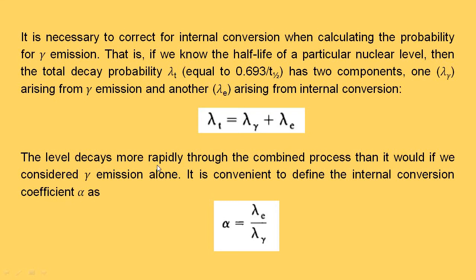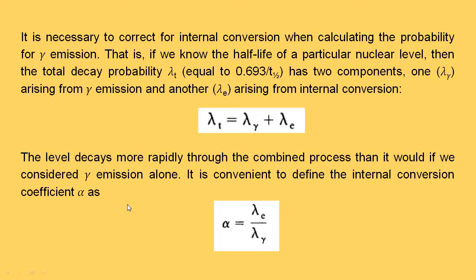The level decays more rapidly through the combined process than it would if we considered gamma emission alone. So it is convenient to define the internal conversion coefficient alpha as lambda e by lambda gamma.